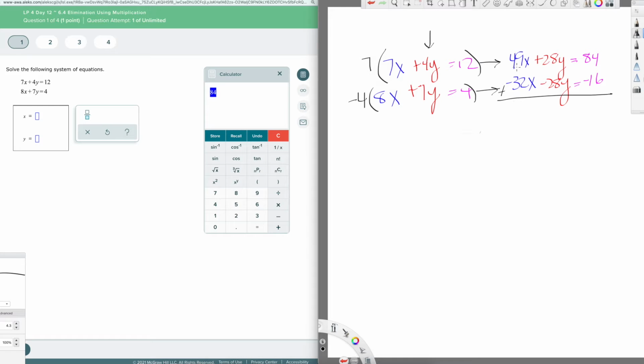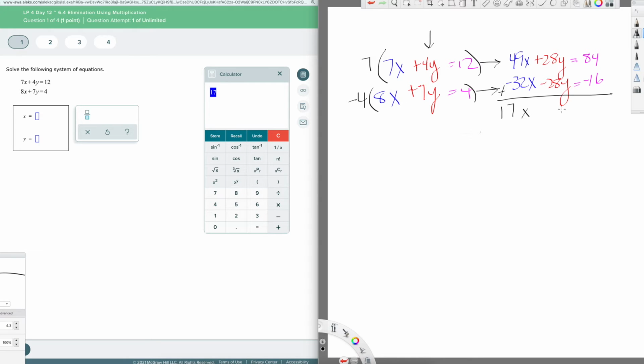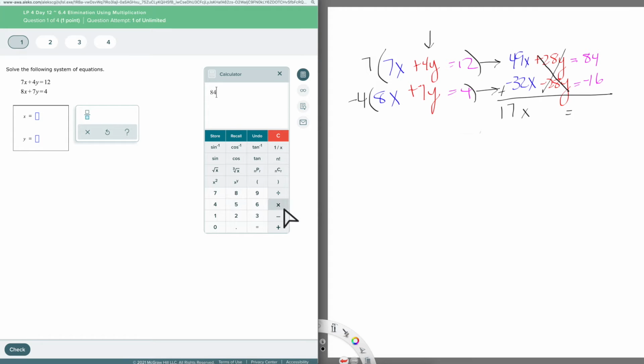So 49 plus negative 32, and it doesn't like this because plus negative means minus, okay, equals 17x. And then 28 minus 28, well, that's what we wanted, something to cancel out when we did this, equals, and I'm being a little lazy with the calculator here, but that's all right. Sometimes it's all right.